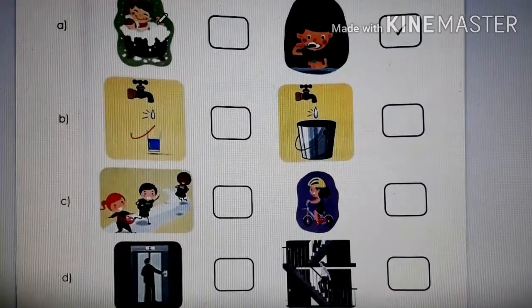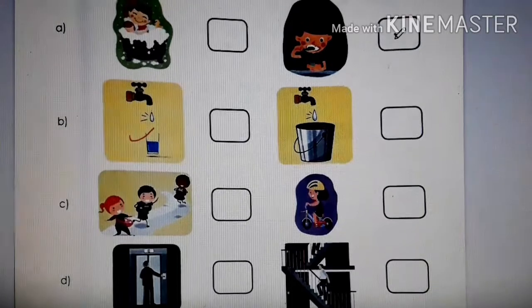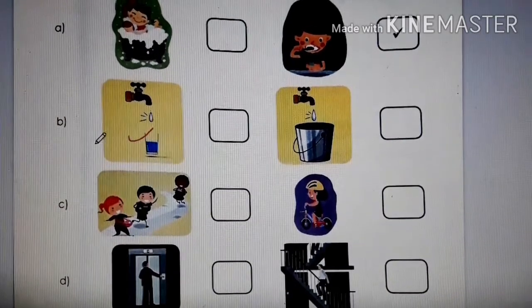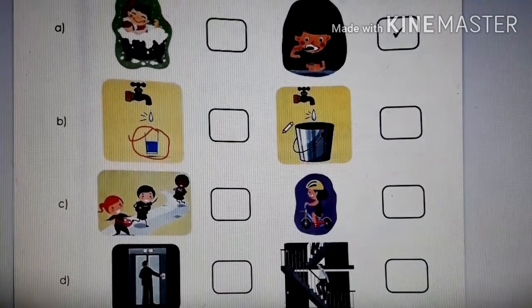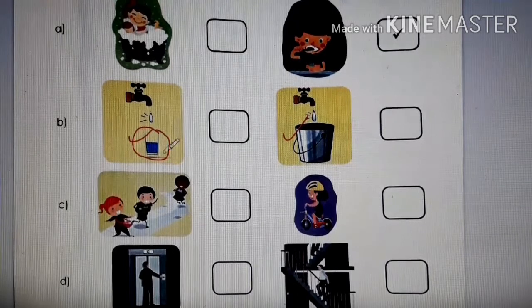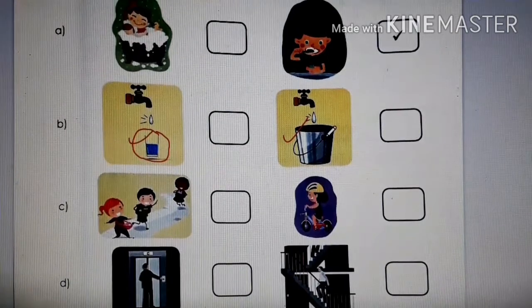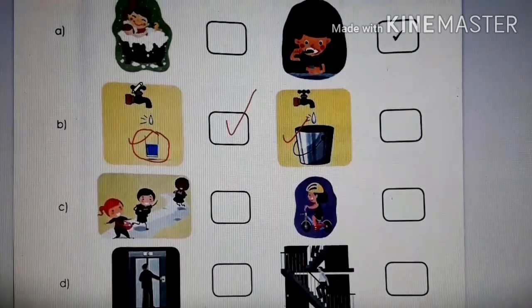Taking a bath or brushing your teeth, children. Brushing teeth takes less time, isn't it? Now you can see here we have to fill a small glass, whereas here we have to fill a bucket. What will take less time, to fill a glass or to fill a bucket? To fill a glass, isn't it? So it will take less time.